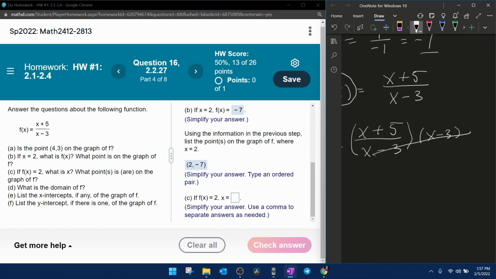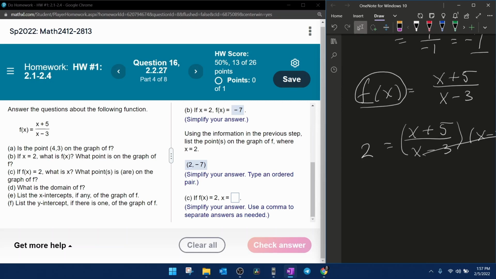Here, that'll get that to cancel. On the other side, if I multiply by x minus 3, the 2 is going to need to distribute, and that'll give us 2x minus 6 equals x plus 5.